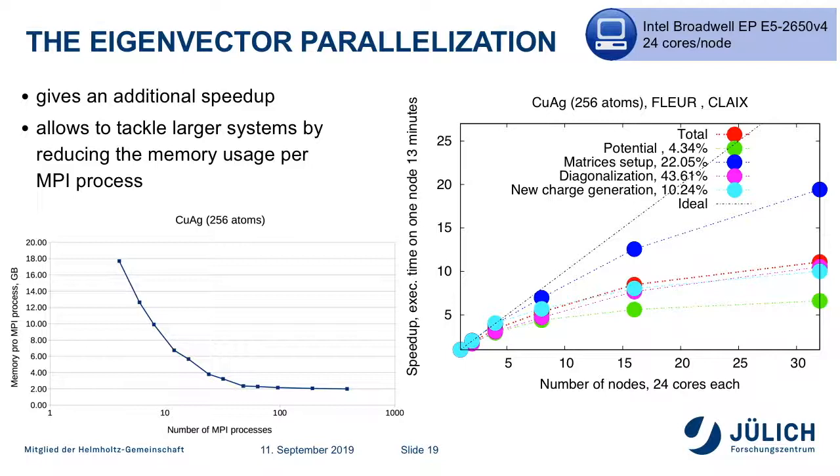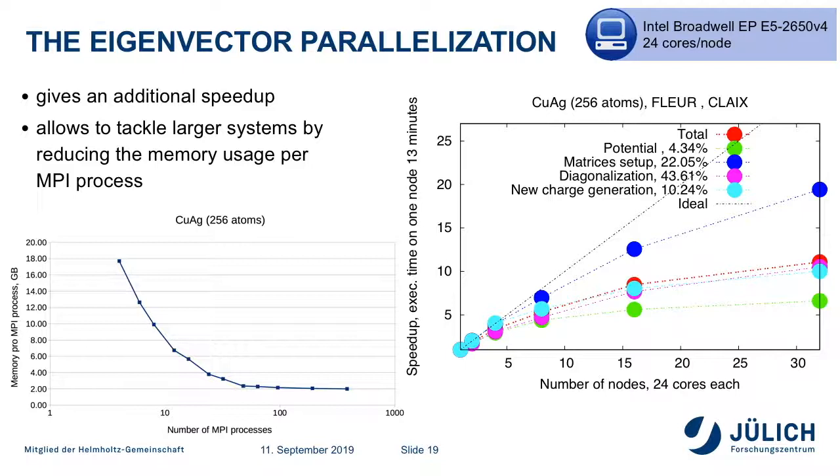And the next reason why we need this level of parallelization is that sometimes our matrix does not fit into the node. We can see how the memory per MPI process goes down when we increase the number of processors. It scales well at the beginning, but then it reaches some value.